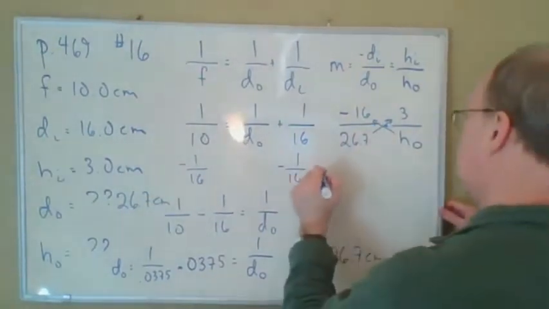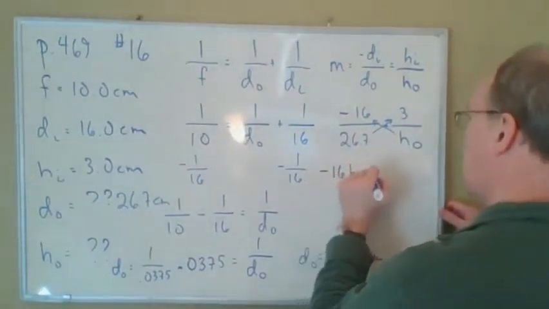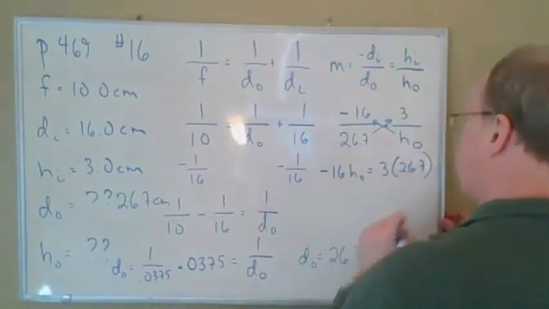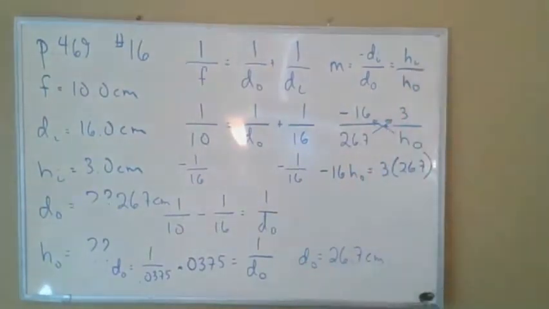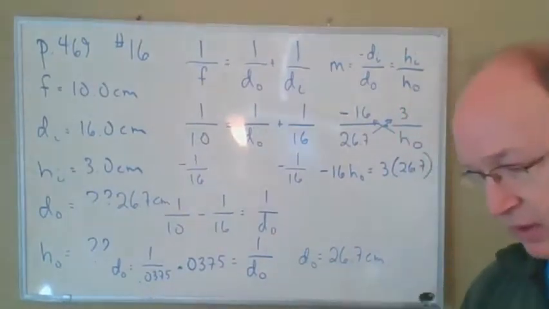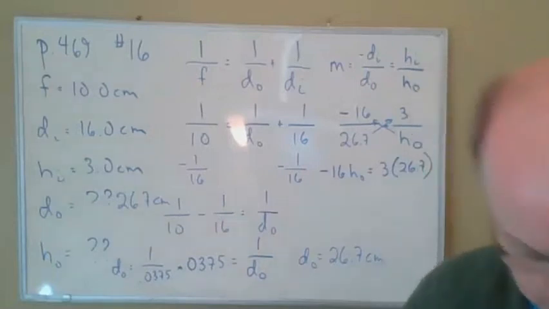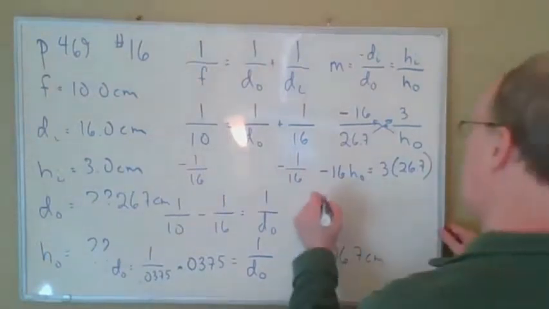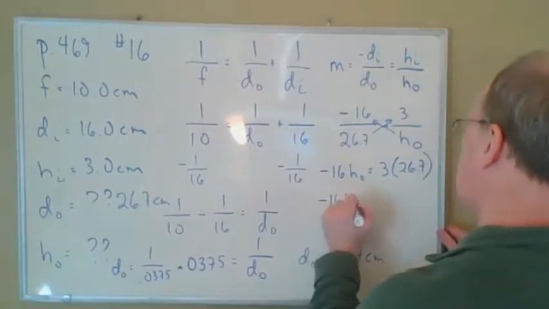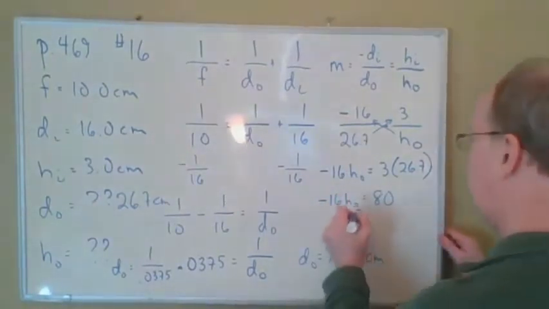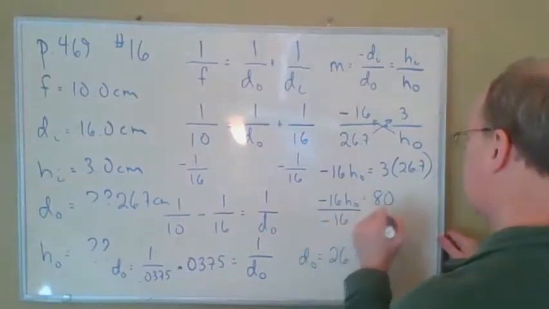So what I get is negative 16 HO equals 3 times 26.7. 26.7 times 3 equals, oh, that's a nice number. I get negative 16 HO equals 80. So then I'm going to divide both sides by negative 16.